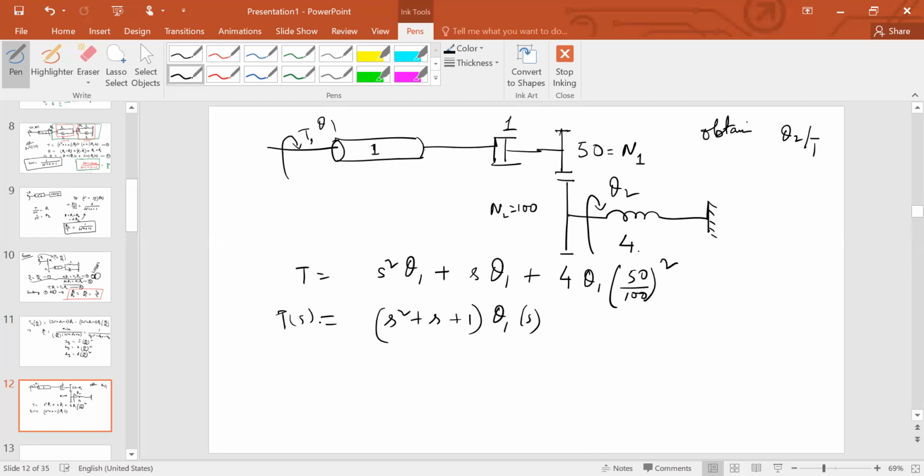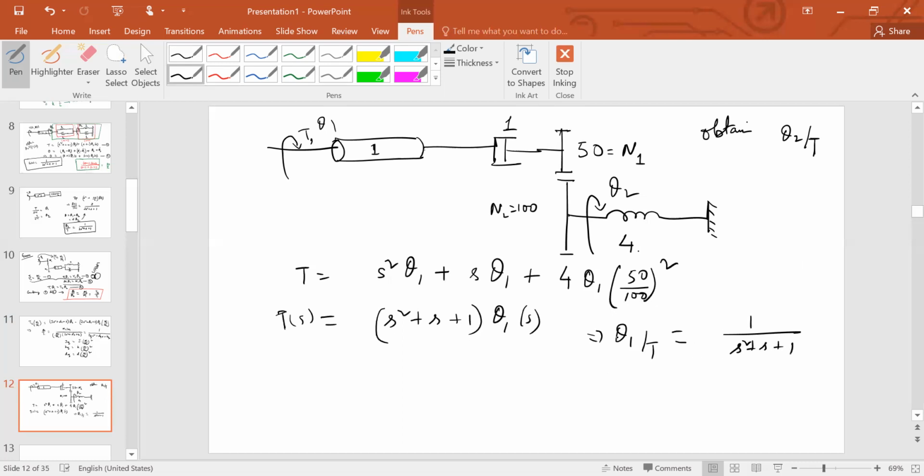But we are not done yet, because remember, the relation that you have to ultimately find is the transfer function between theta 2 and T rather than theta 1 and T. So this will only tell you that theta 1 upon T is going to be equal to 1 over s squared plus s plus 1. So how do you obtain this?